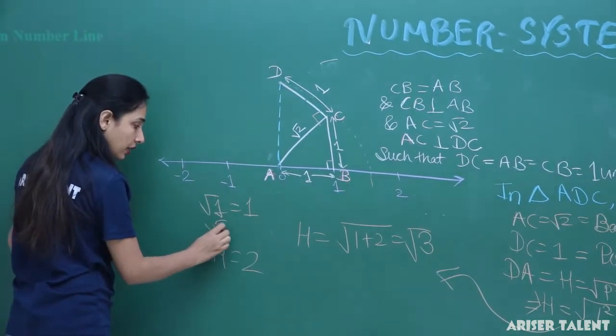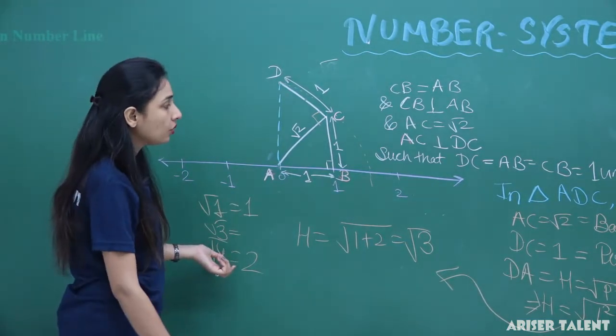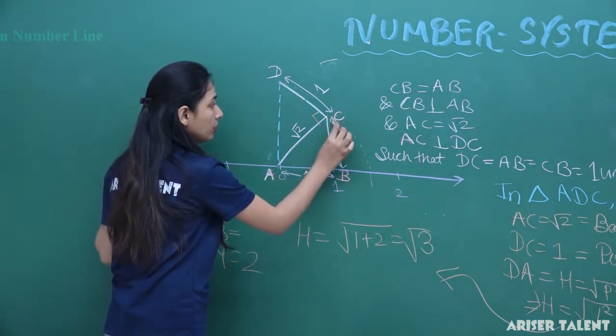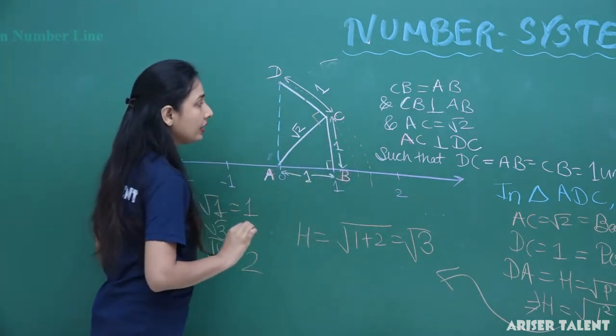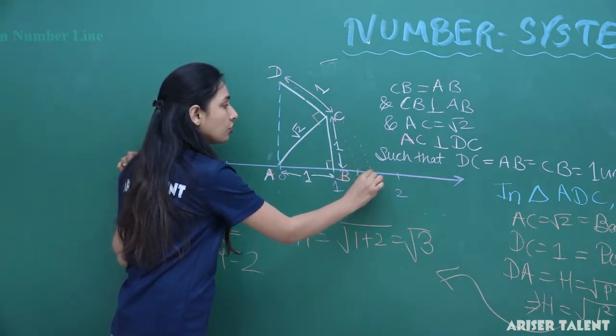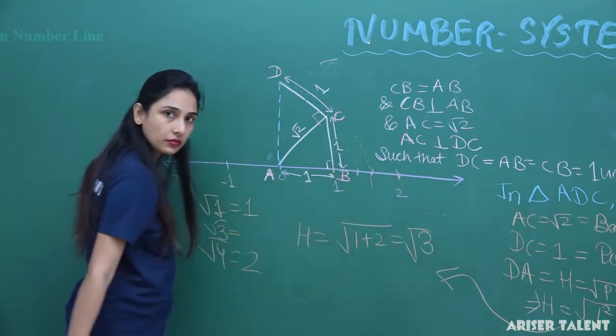So root 3 will have some value more than 1 and less than 2, and there it will belong. So this is the value of root 2 here, root 3 here, root 1 here, and root 4 here.